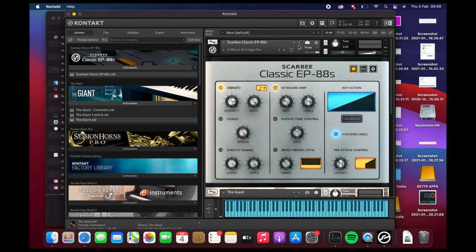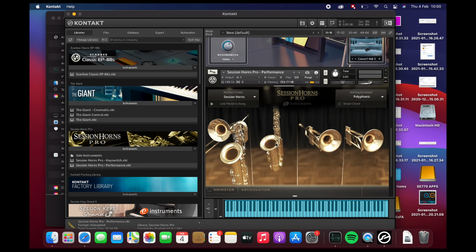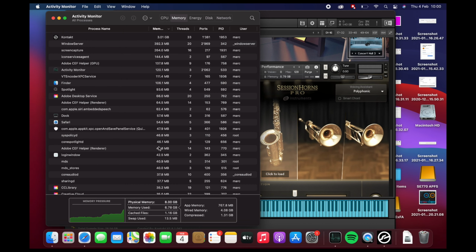Okay, so let's now load even one more. And it's loading, you see 0.79 gigabytes, so 800 megabytes more, and we see now here the jump. We are at 678, 685 gigabytes.